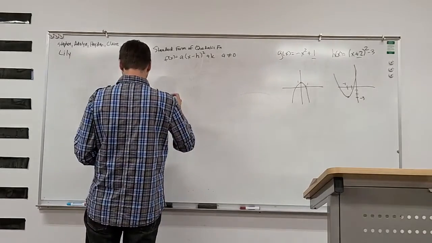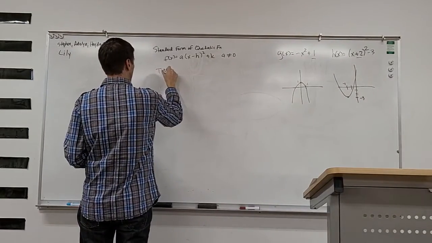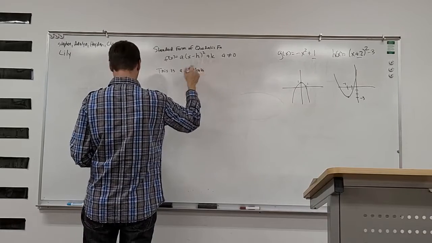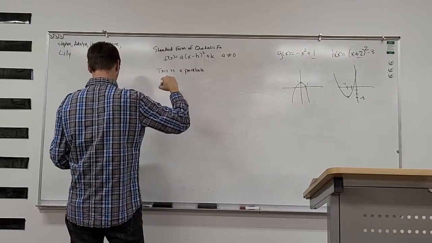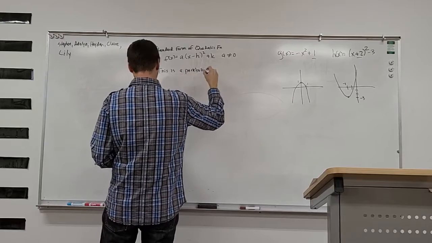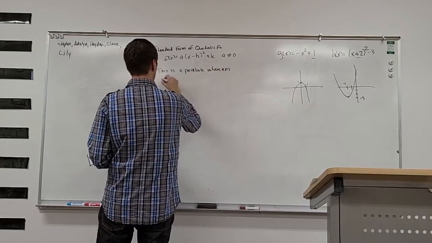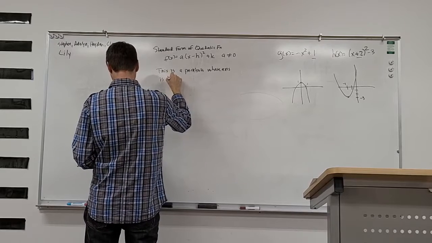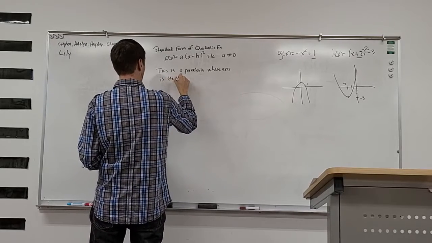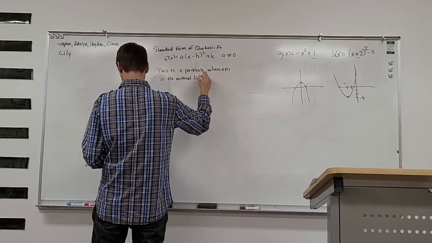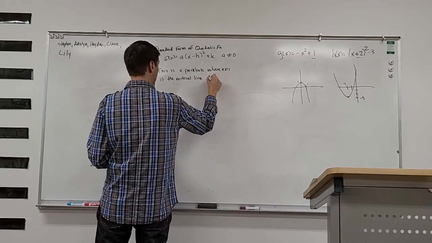And that is, this is a parabola whose axis is the vertical line x equals h.